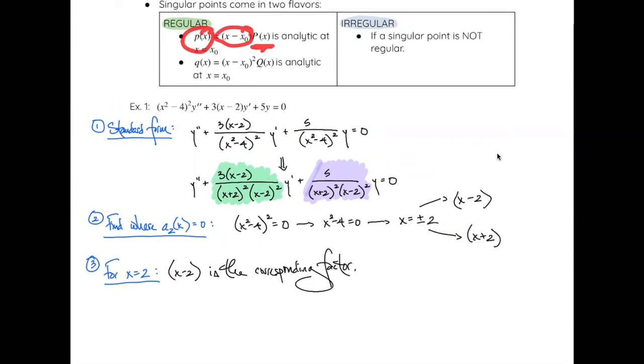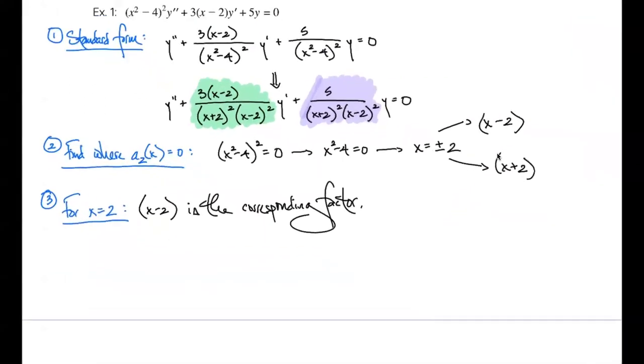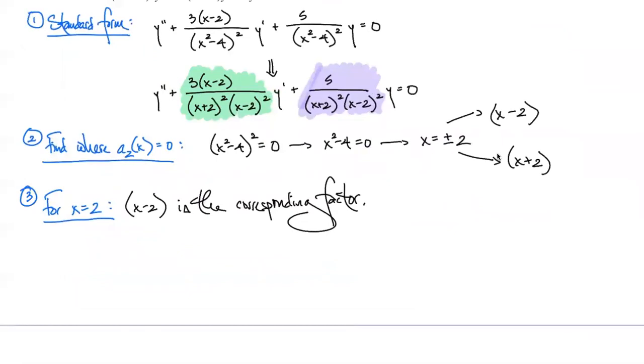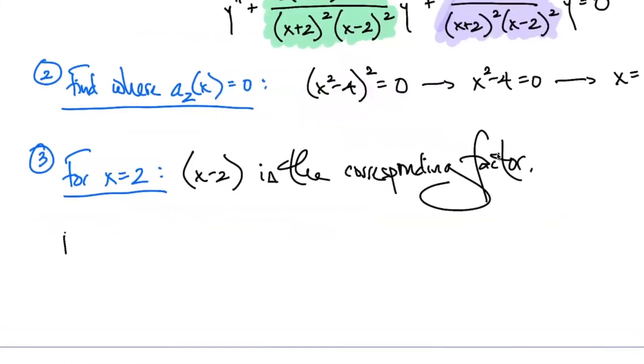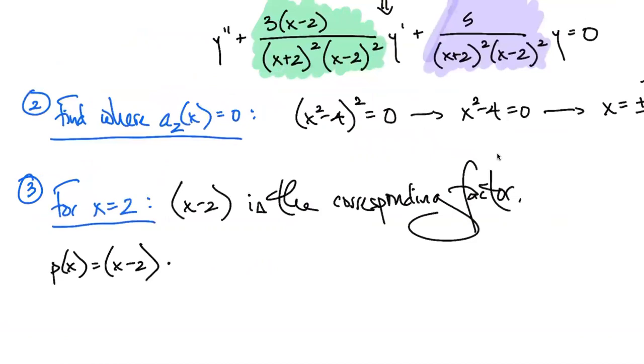Then we'll take a look at what that says. So little p of x will equal x minus 2 times 3x minus 2 over x plus 2 squared times x minus 2 squared.